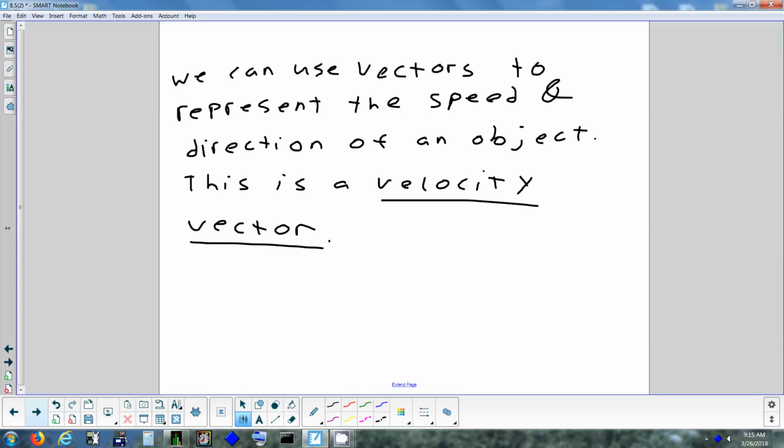A couple assumptions that we're going to make. Really, when I throw an object, it doesn't go in a straight line if I throw it at an angle. It's arcing, right? Because gravity is bringing it back down. We're going to assume, just to make this simple, that you do this in outer space, far enough away from any planets that gravity is negligible.